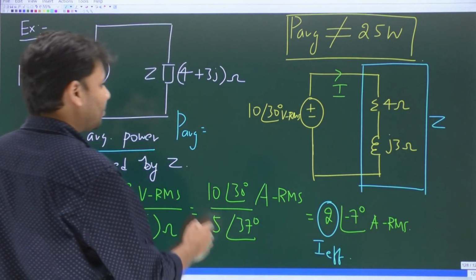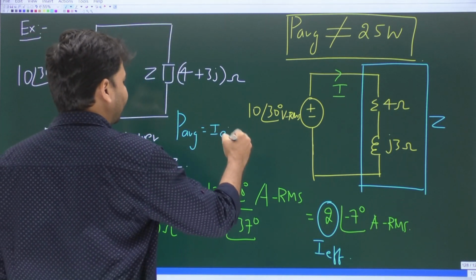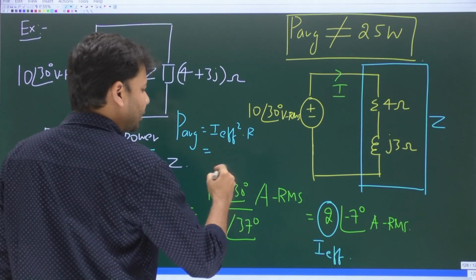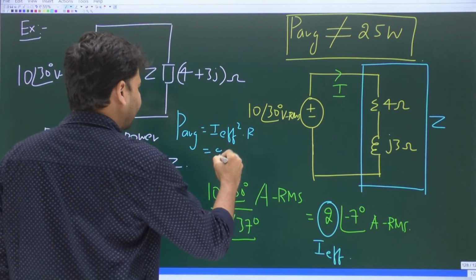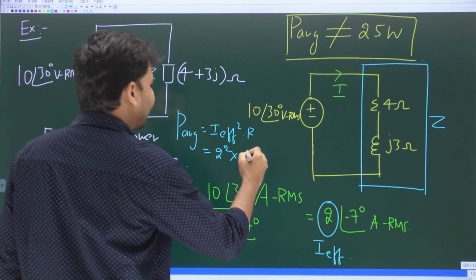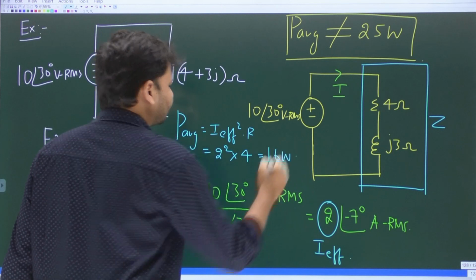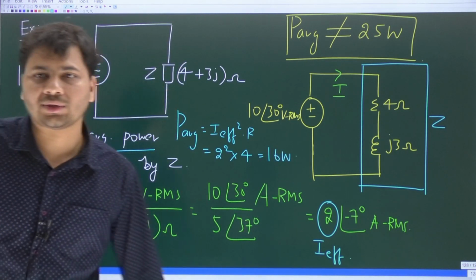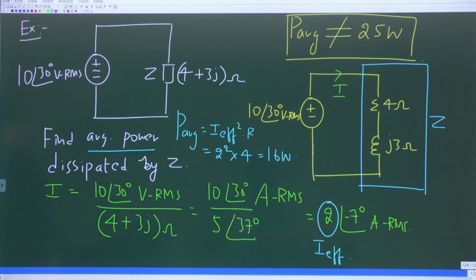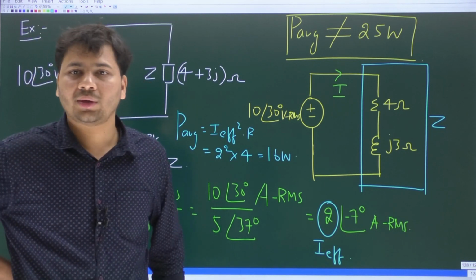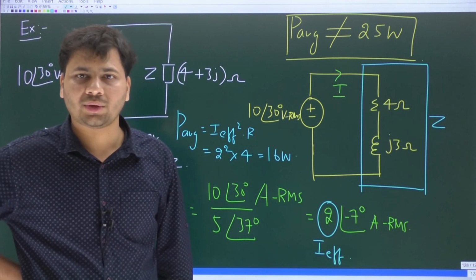So P average is simply I effective squared into R. I effective is 2, so 2 squared into R, which is 4. 4 into 4 is 16. So the correct answer is 16 watts. Did you all get 16? Very good. So there is one simple aspect where many people commit a mistake. I hope now the point is clear.